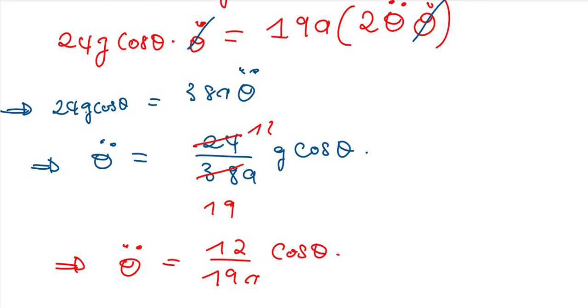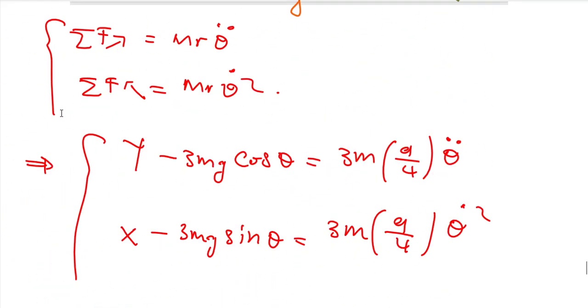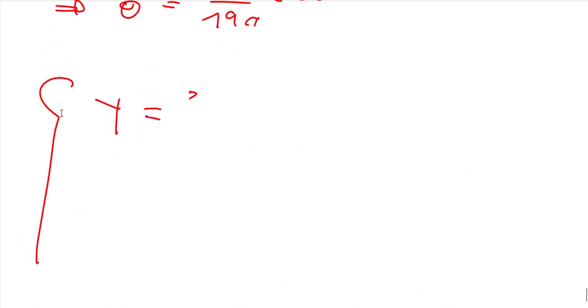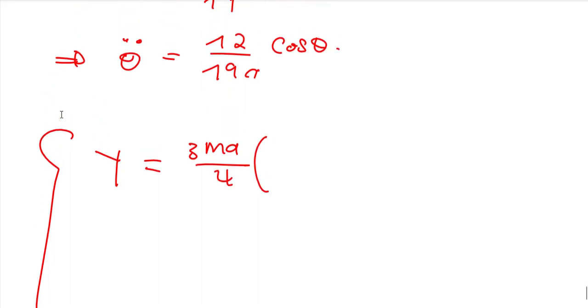Now with this we can find the magnitude of our forces. From our systems we had y, we can make it the subject, so y will be equal to 3ma on 4 times theta double dot, which we just calculated to be 12 on 19a times g cos theta.